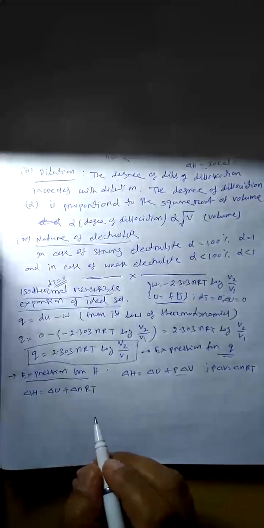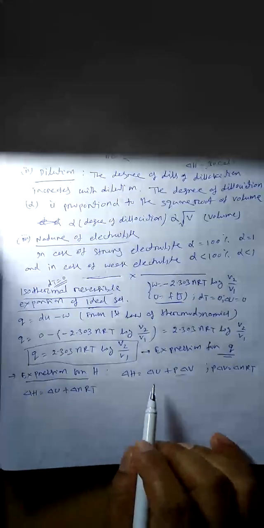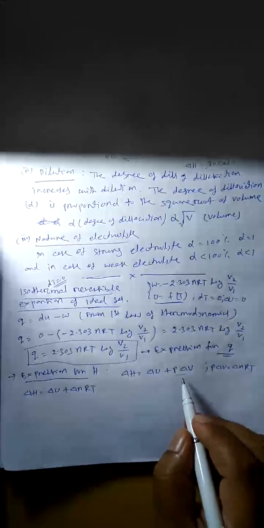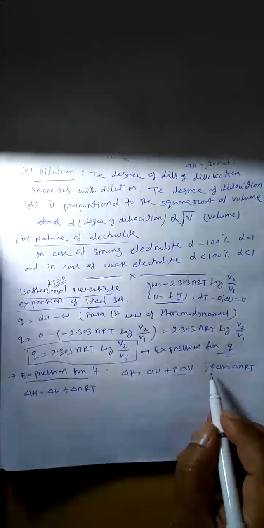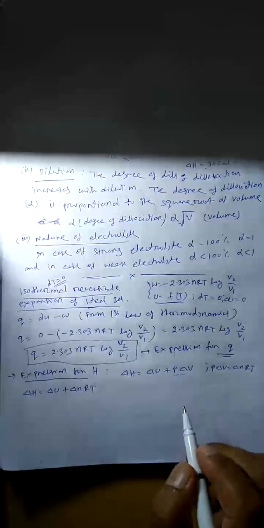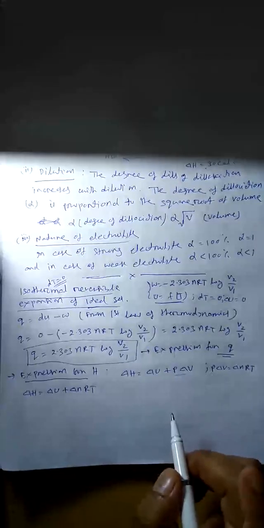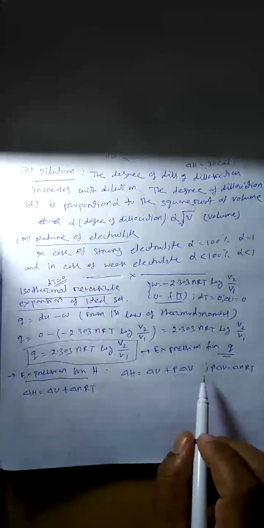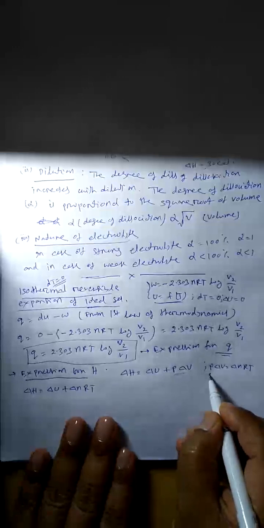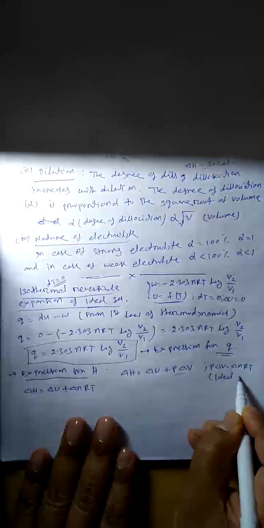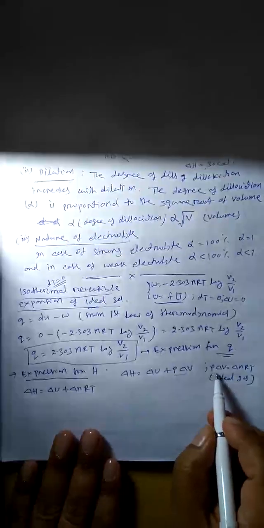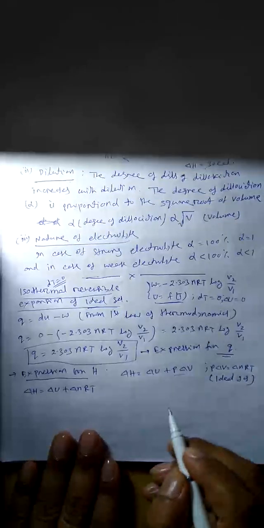In previous cases, in the van der Waals case, we took P2V2 minus P1V1, and the pressure was derived from the van der Waals equation. But here it is the ideal gas, so P delta V is equal to delta n RT. That is why instead of P delta V, I write delta n RT.